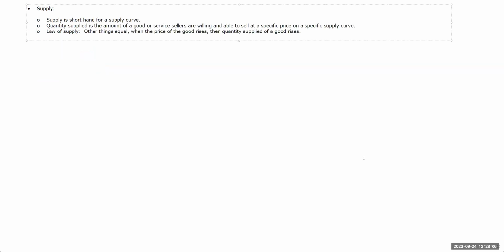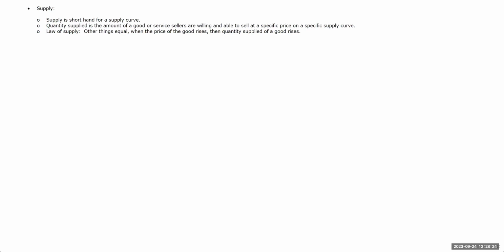Hopefully it's a bit easier. All right, supply is shorthand for supply curve. Quantity supplied is the amount of a good or service sellers are willing and able to sell at a specific price on a specific supply curve. That's the original official definition. Okay, basically a point on the supply curve.